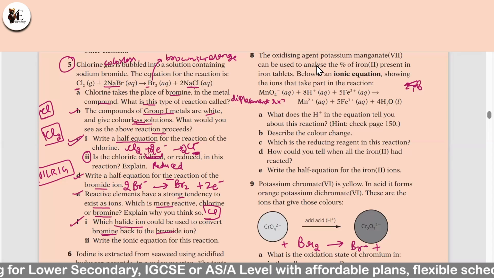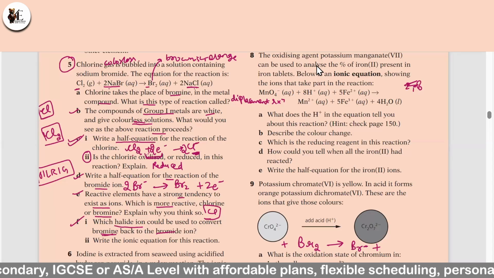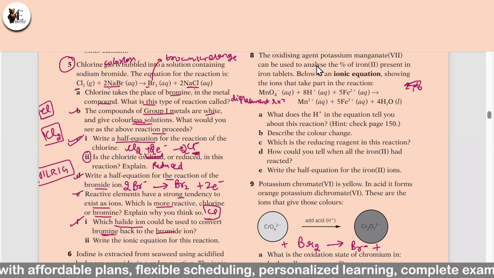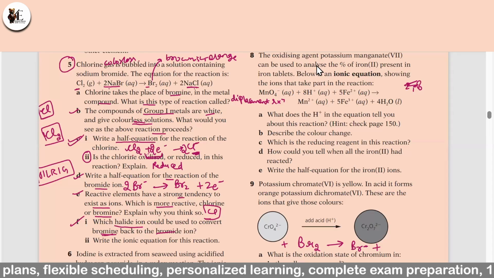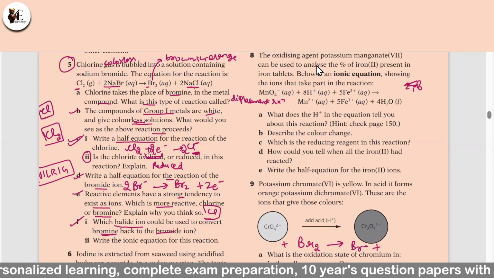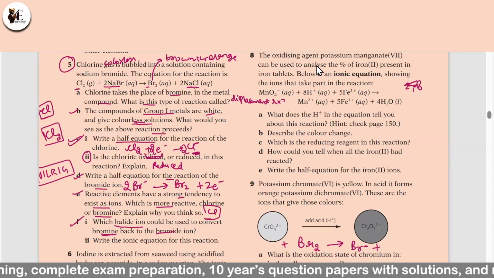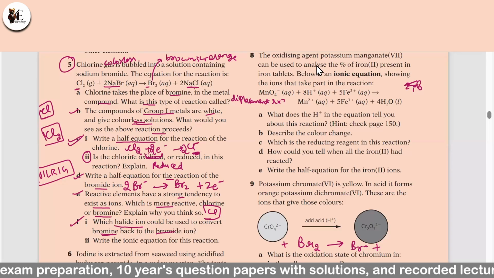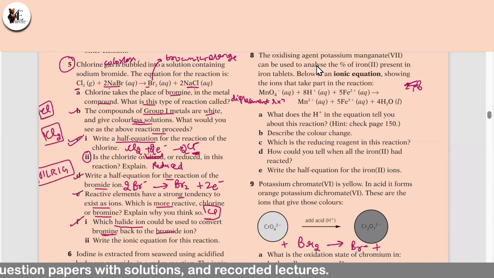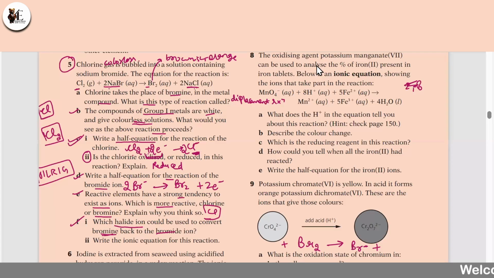What is the reactivity order of halogens? The reactivity decreases down the group. Yes, fluorine is more reactive, then chlorine, then bromine, and then iodine.